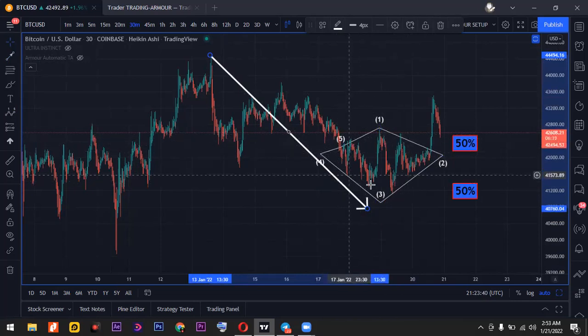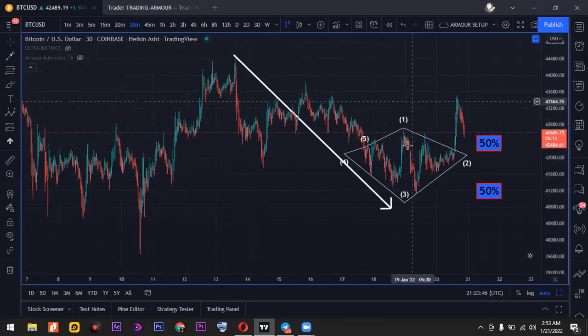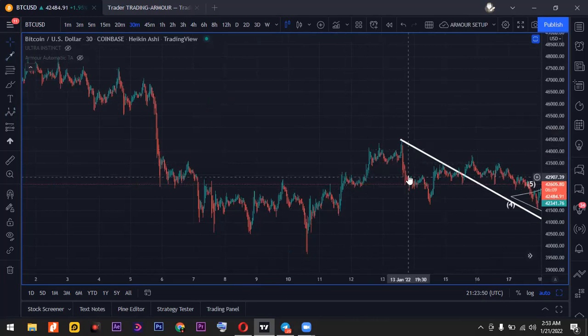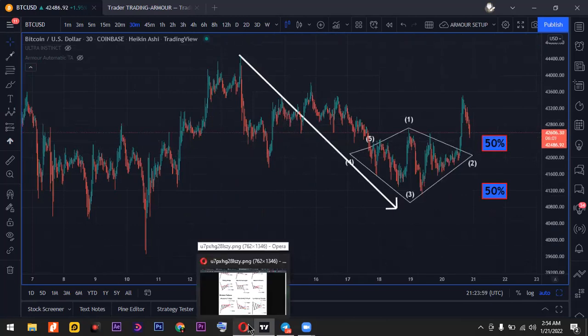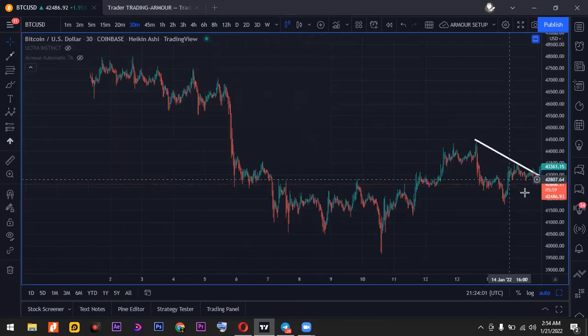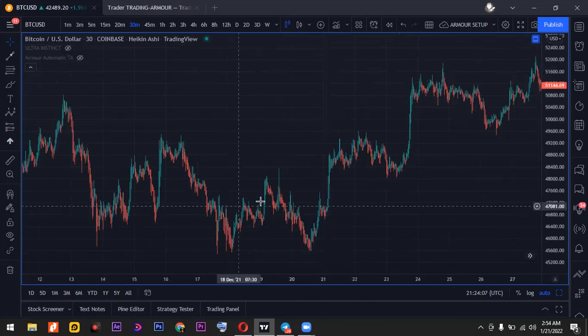And if you see the diamond forming after price goes to the upside, then it breaks downside. That's diamond top and diamond bottom. I hope I made it clear.